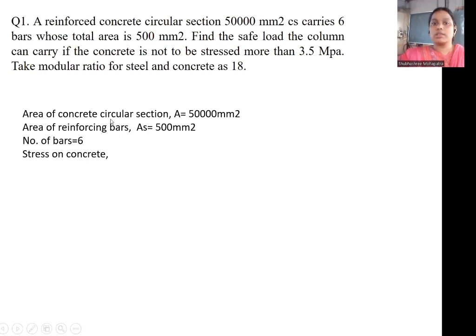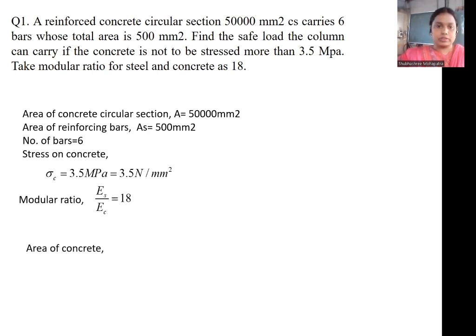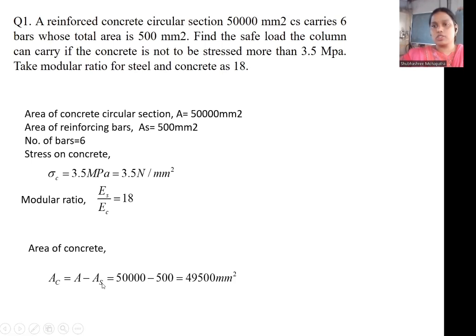The area of the reinforcing bars, all 6 bars together, is 500 mm square. The number of bars is 6, and the stress on concrete is 3.5 megapascal, which is nothing but 3.5 Newton per mm square. The modular ratio is 18. Then the area of the concrete will be the total area minus the area of the steel bars, which is equal to 49,500 mm square.